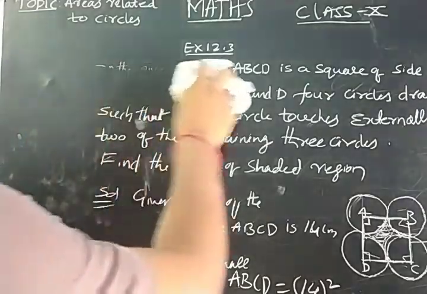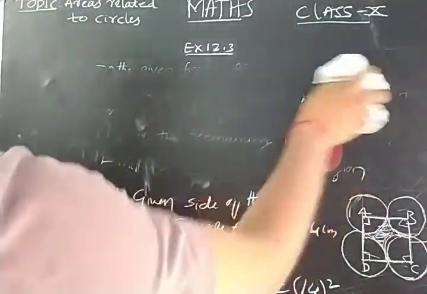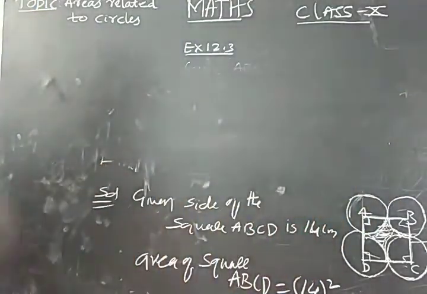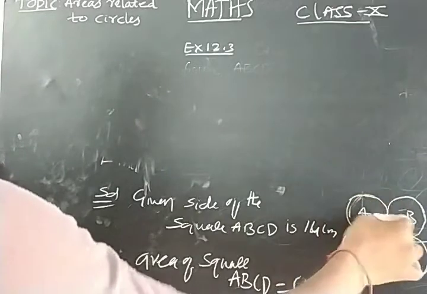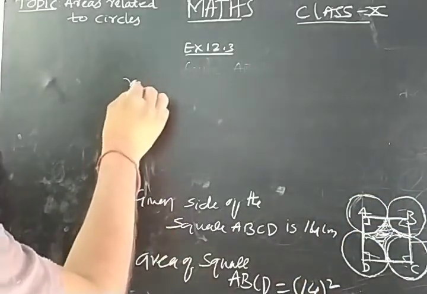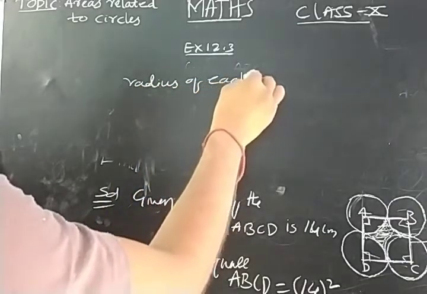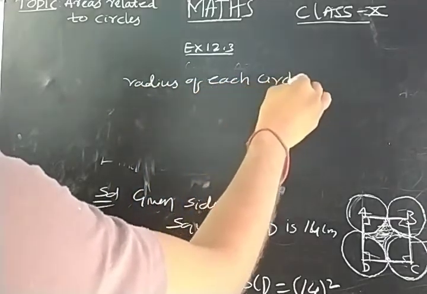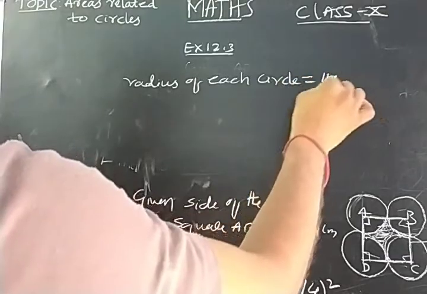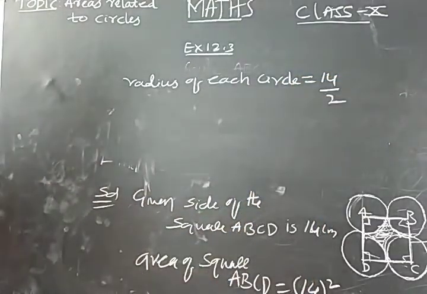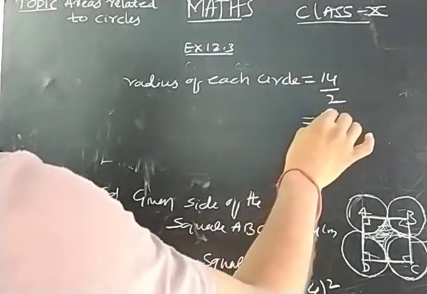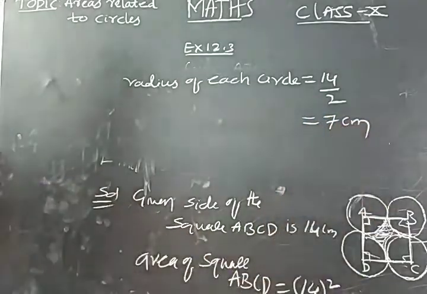Now I am going to find each sector area. First of all, I am going to find the radius of each circle. What is the radius of each circle? How to get it? Divide 14 by 2, you will get the radius of each circle. So it is 7 centimeters.